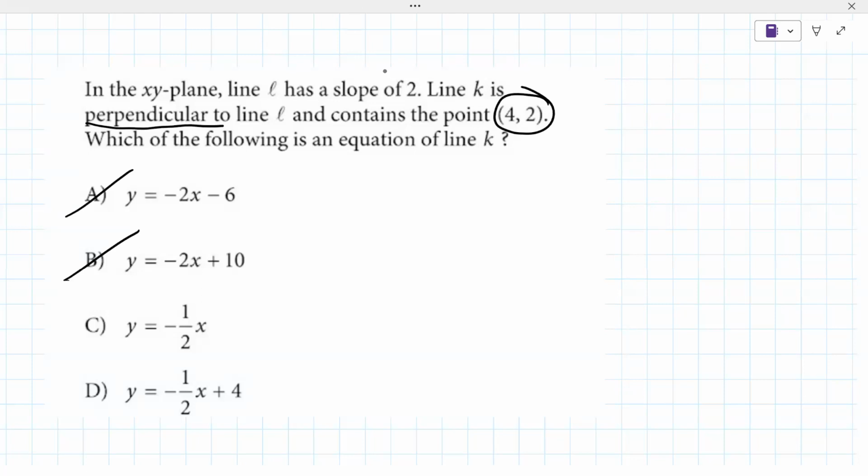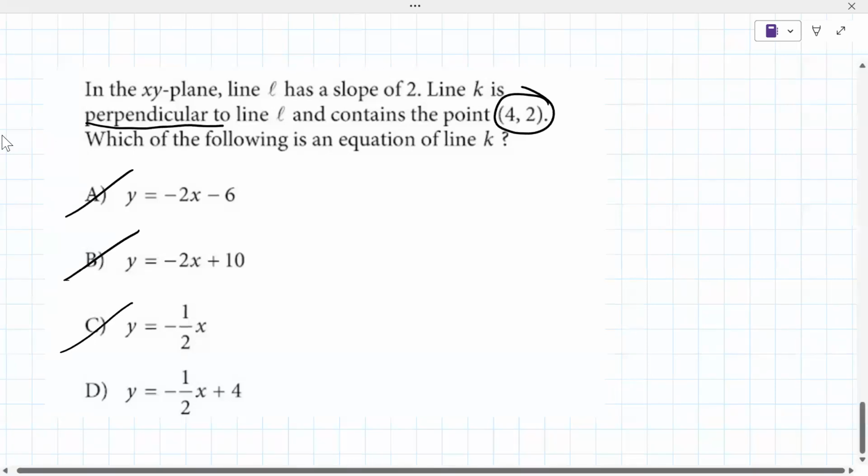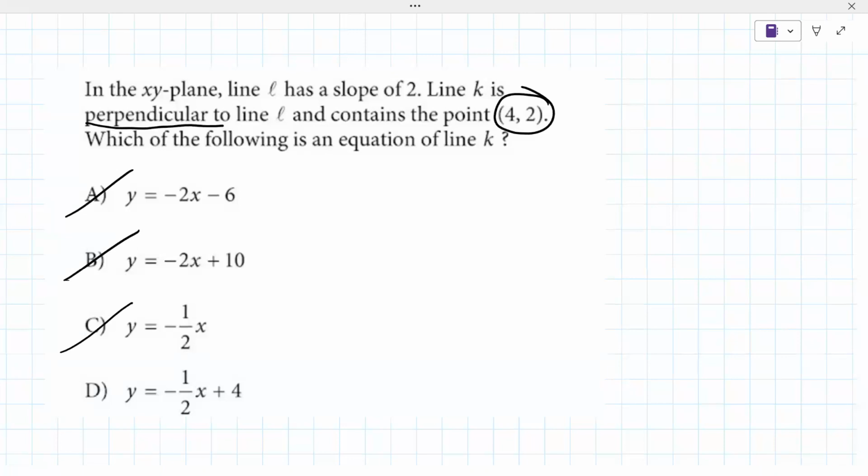That one doesn't work. So it does work in D. You don't have to check that though, because if it doesn't work, you should just go with the next one and say, all right, I got it. Okay, got it. All right.